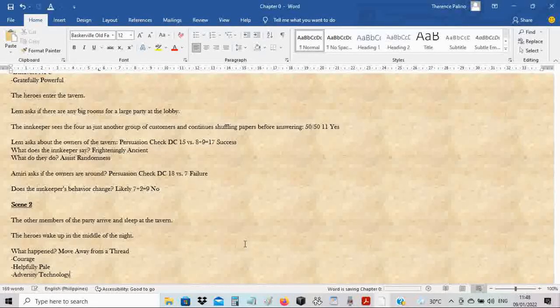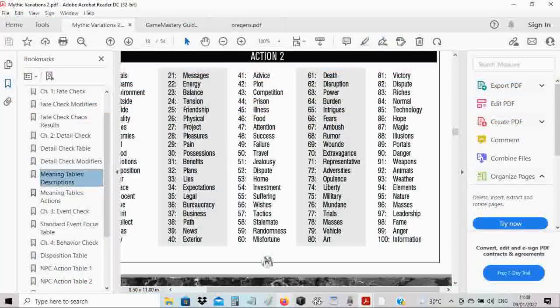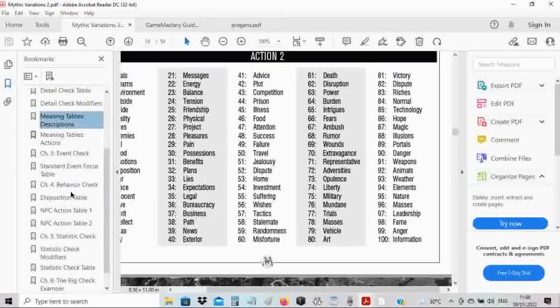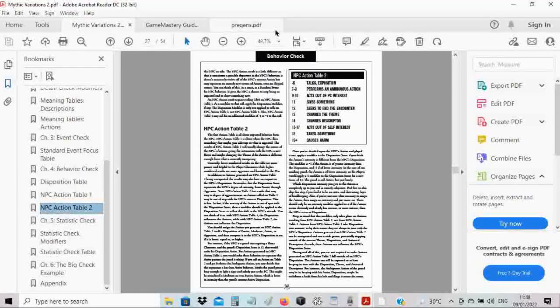Maybe it's a vampire offering them high technology. I don't know. Okay. But now let's move on to another part of the game that I'm going to demo, the statistics check, because it might not have anything to do with the rest of the game.